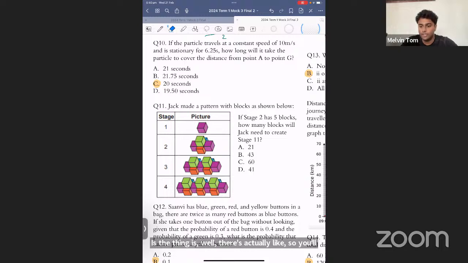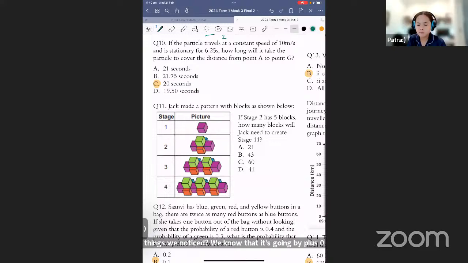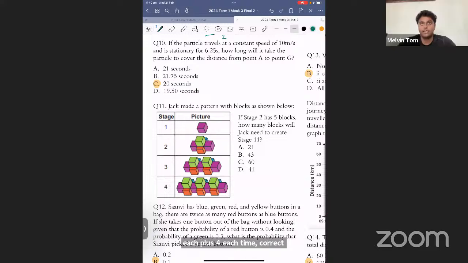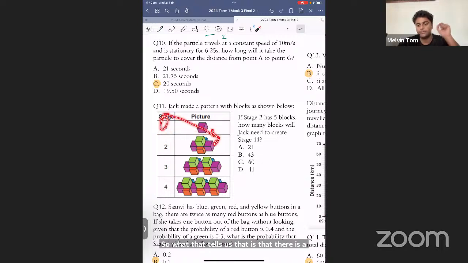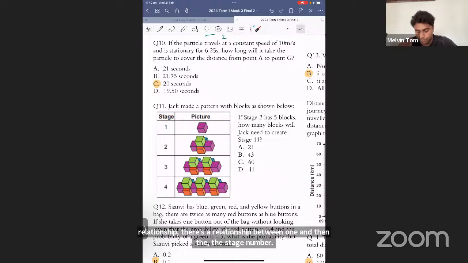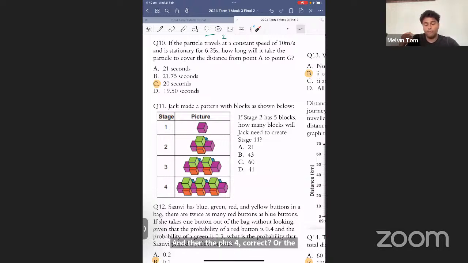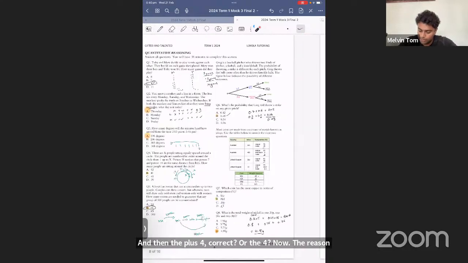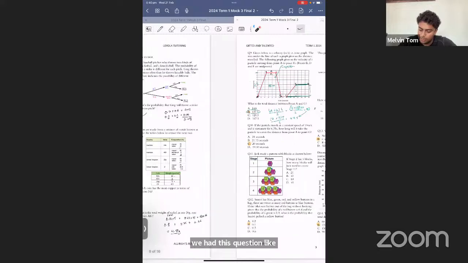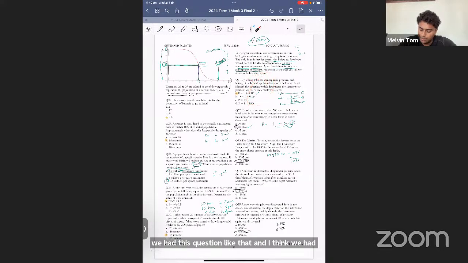But what you will notice is that it's going up by +4 each time, correct? So there is a relationship between the stage number and the 4. We had another question similar to that here.